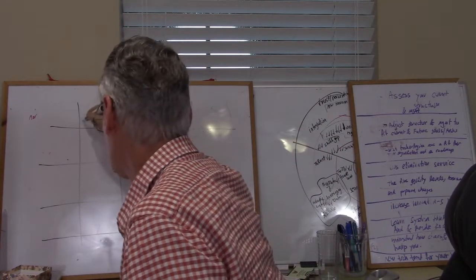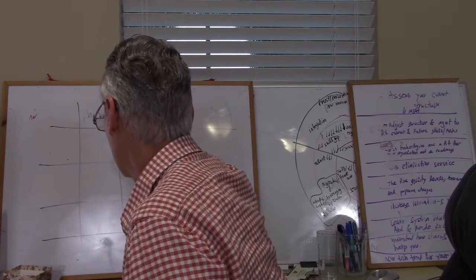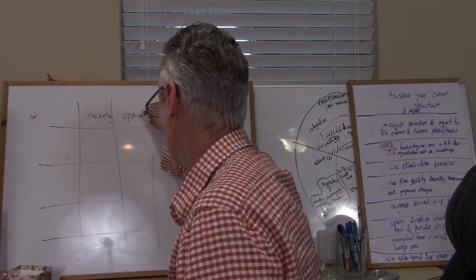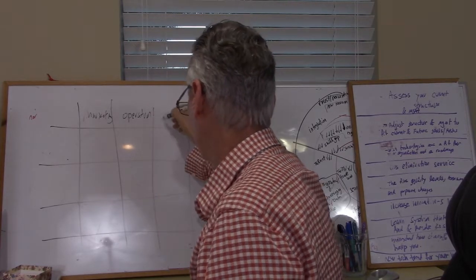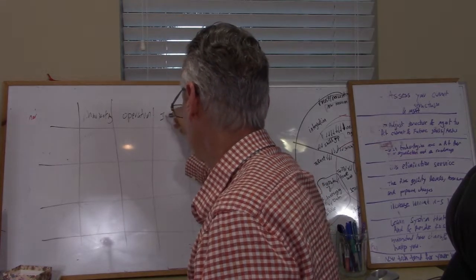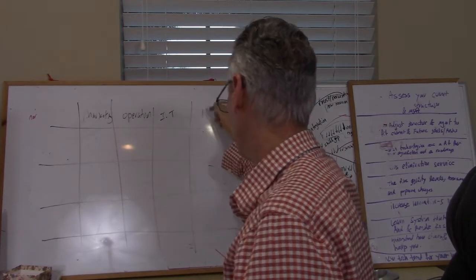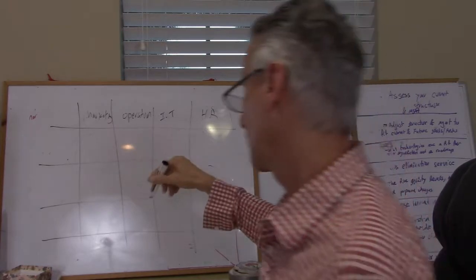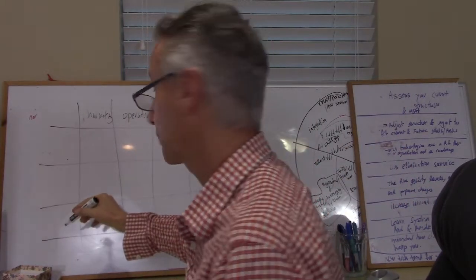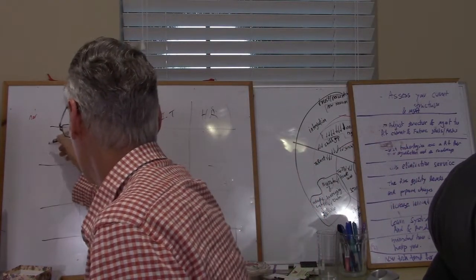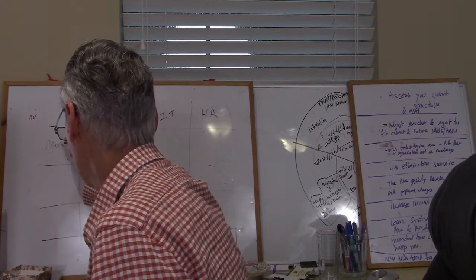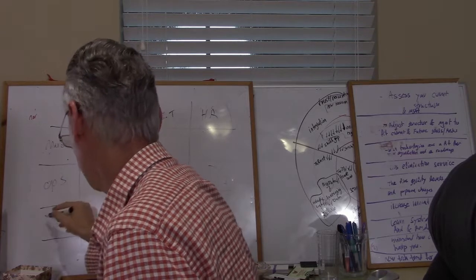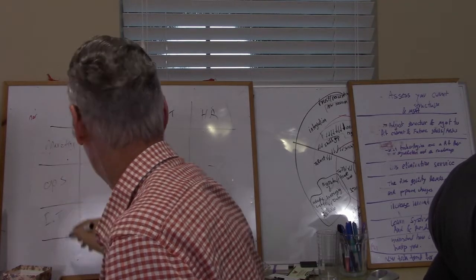So we have marketing, we have operation, we have, let's call it IT, and we have human resources. Let's say that's the domain that we are talking about. So we will build the same on this Excel as well. So we have marketing, operation, IT, and HR.